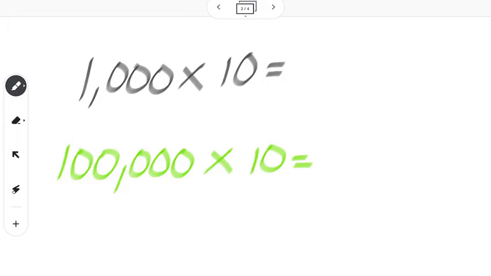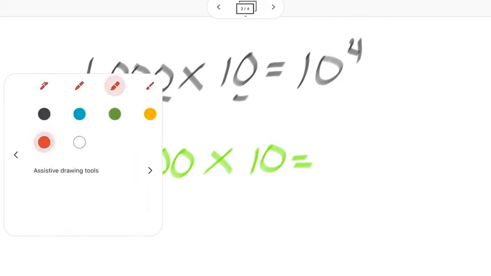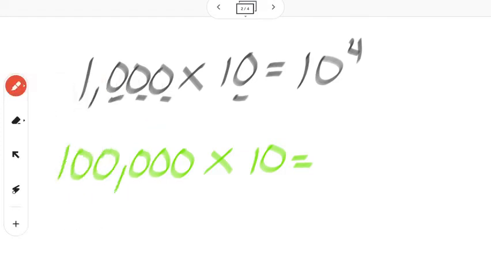They're also going to ask you to find the power of 10 when you're multiplying two things that are tens or within the 10 family. So 1,000 times 10, we're going to count our zeros 1, 2, 3, 4, 10 to the power of 4, because 10 times 1,000 is going to move over one place value. If we were to solve it just as a multiplication problem, the answer would have been 10,000.